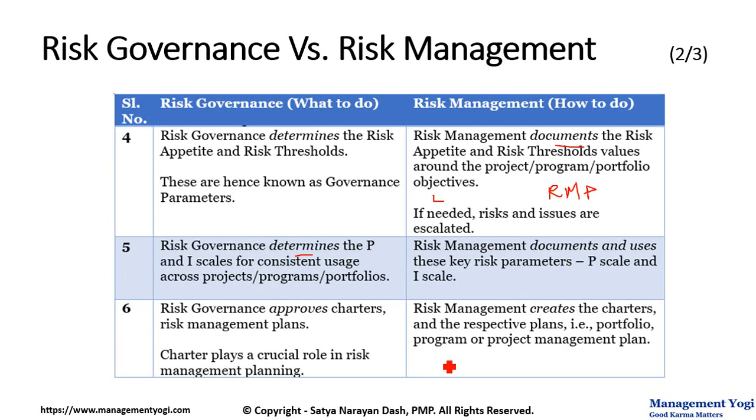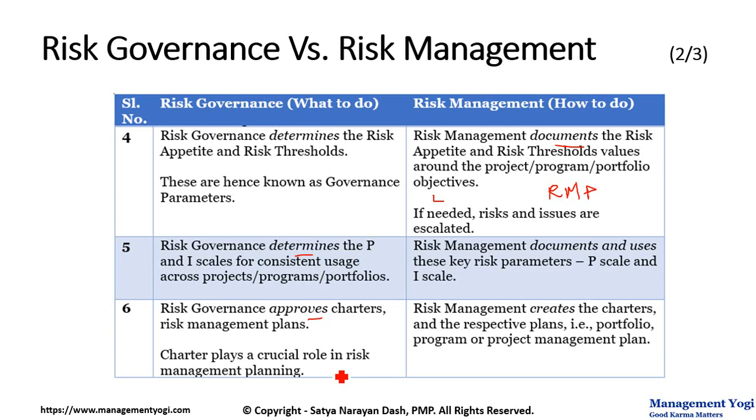Next difference, risk governance approves charters and risk management plans. Charter plays a crucial role in risk management planning. In fact, charter will act as an input while planning for risk management at a portfolio level, program level, or project level.